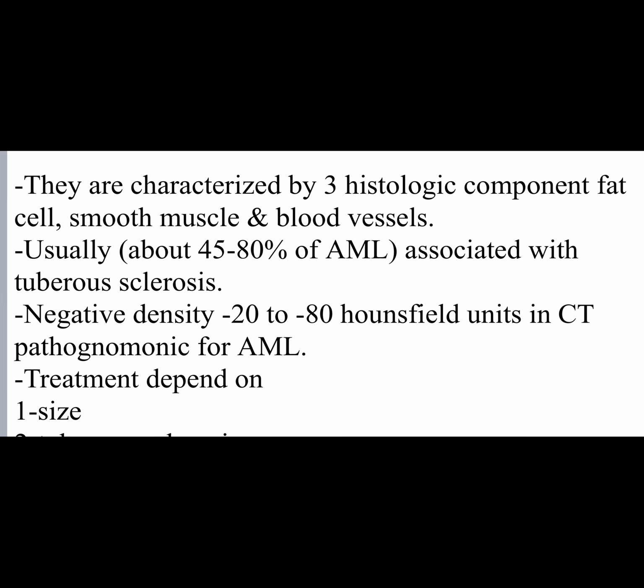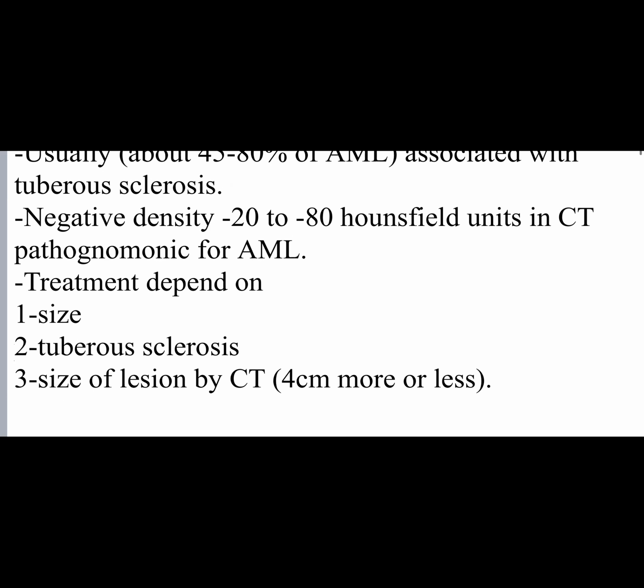Usually about 45 to 80% of angiomyolipomas are associated with tuberous sclerosis, a type of congenital anomaly. Patients with tuberous sclerosis have angiomyolipoma.